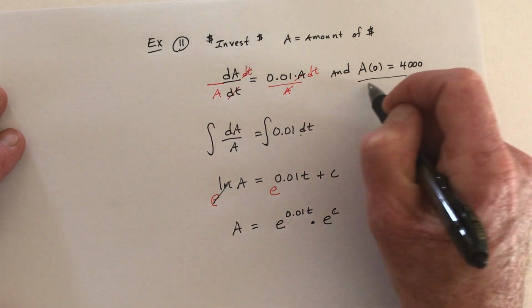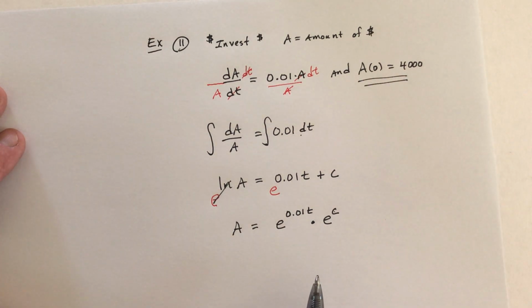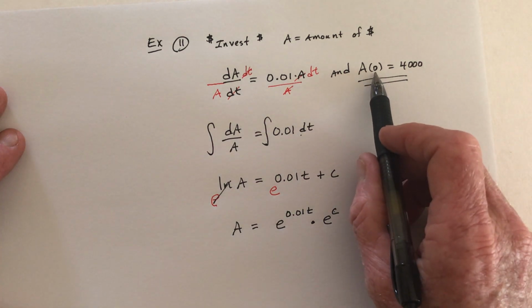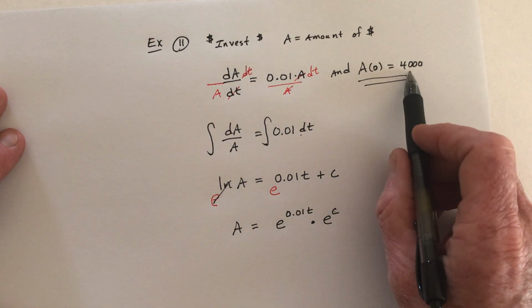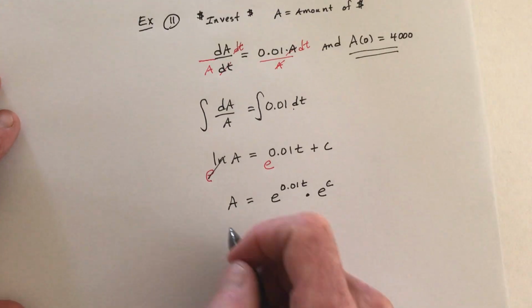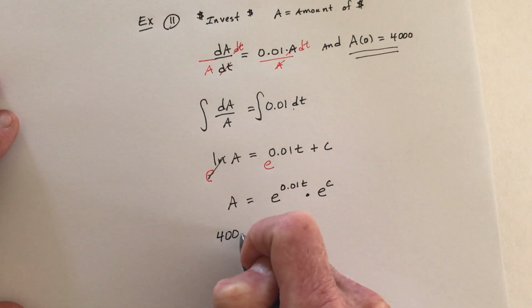And then the last part is plug in this information. So if you substitute that t is 0, so put a 0 right here, then the A is going to equal 4,000, so put 4,000 on the left side.